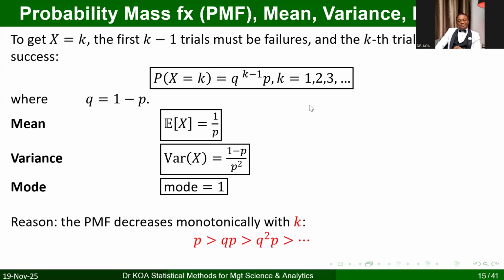And so how do you write the probability mass function? It gives us P(X = x) or K, which is equal to Q raised to the power K minus 1 or X minus 1, and then P. Okay, I want to be sure that I didn't write it wrongly.